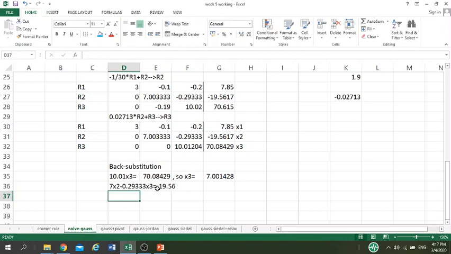Before that, just now we have found the value of x3, so we simply substitute the value of x3 here with the known value that we have just found.